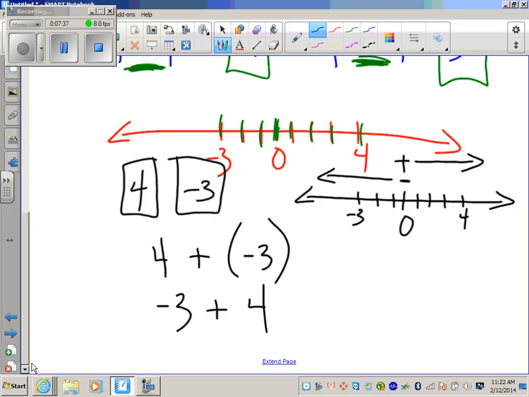Now, we already have an idea because we said that the absolute value of 4 is 4, the absolute value of negative 3 is 3. I'm going to end up positive, but the question is going to be by how much. Okay? So, these are saying the same thing. The addition's the same. The integers are the same. Am I combining a positive 4 and a negative 3 here? Yes.